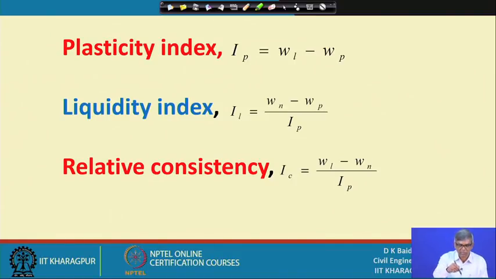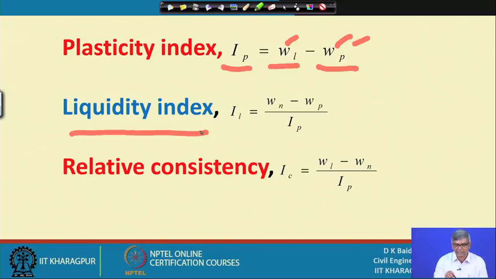These are the notations used at different places. Sometimes we say WL, sometimes WP, LL, LP, or PL, but here WL is the liquid limit and WP means the plastic limit. The difference of liquid limit and plastic limit is the plasticity index.